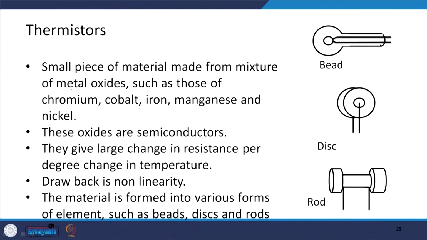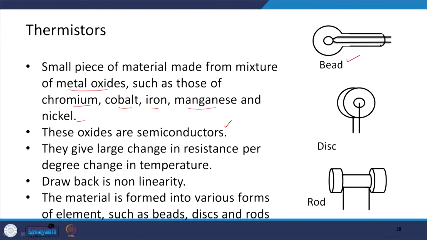Now, next let us look at the thermistors. So, the thermistors are basically a small piece of material made from a mixture of metal oxides such as those of chromium, cobalt, iron, manganese and nickel, and these oxides are basically semiconductors. Now, they give a large change in resistance per degree change in the temperature.